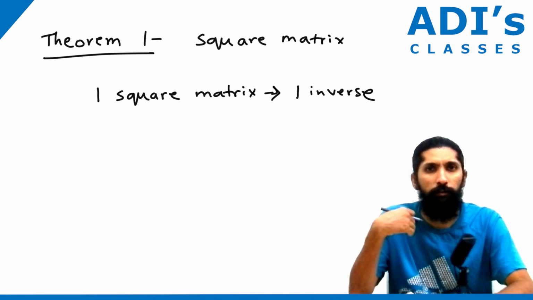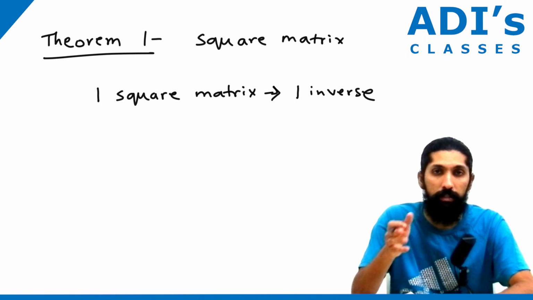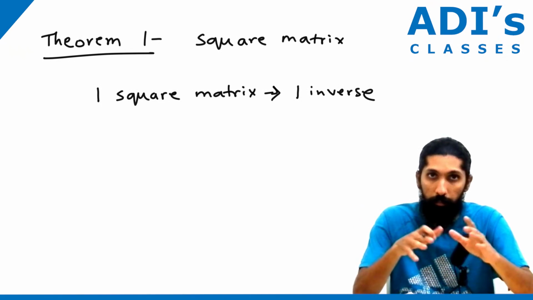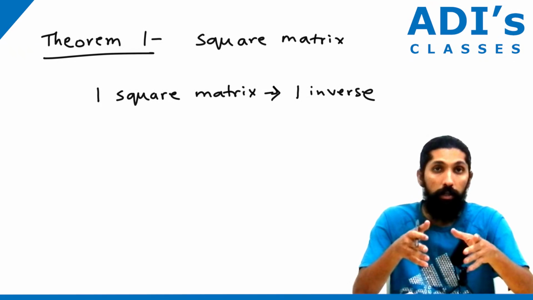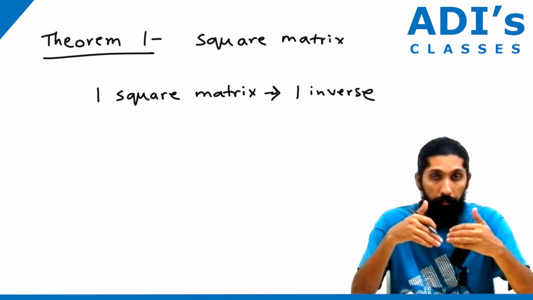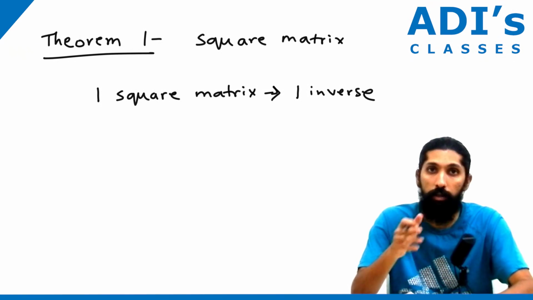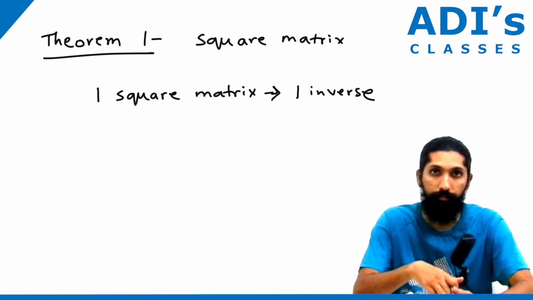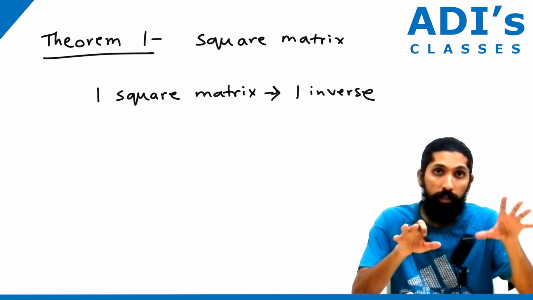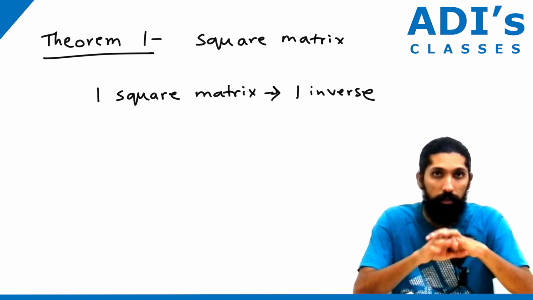Guys, it's more of a logical way of understanding. It's like image, remember the domain and range we used to do, the element and the image. It's like one-to-one. So matrix inverse is also like a one-to-one relationship, where for one matrix you are going to have one inverse. Clear? So this is the first part.